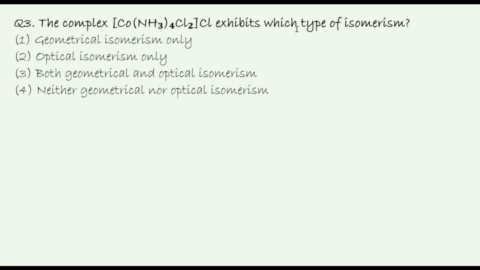The complex, we already saw that, MA4B2 type, right? MA4B2 type exhibits which type of isomerism? Yes, this is an octahedral, isn't it? So this can exhibit geometrical isomerism, cis and trans.